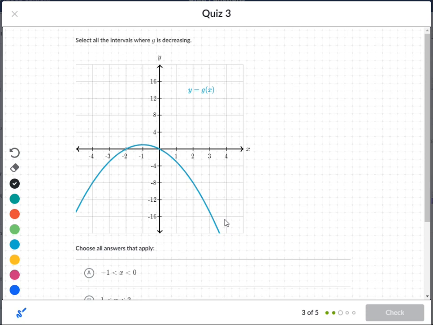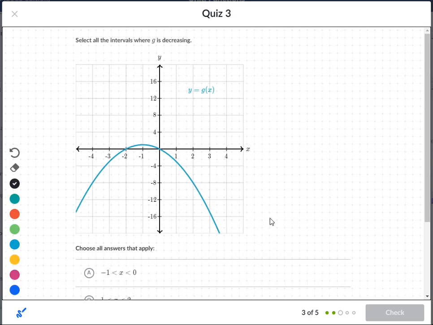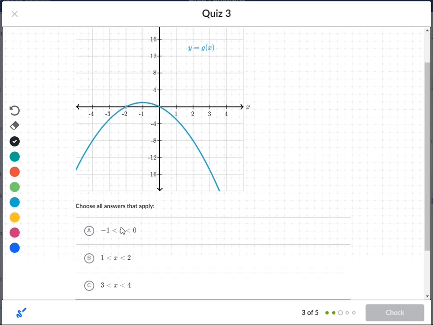Okay, select all the intervals where G is decreasing. So you want all the intervals where G is decreasing. So we have -1 to 0, we have from 1 to 2, and we have from 3 to 4.